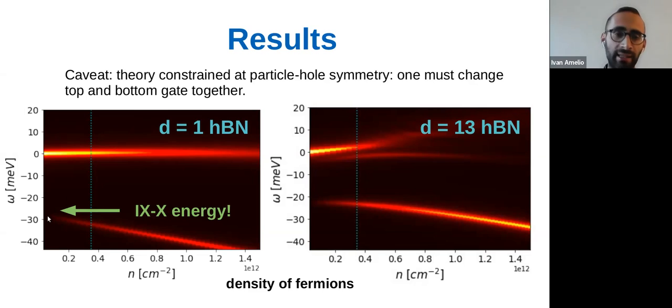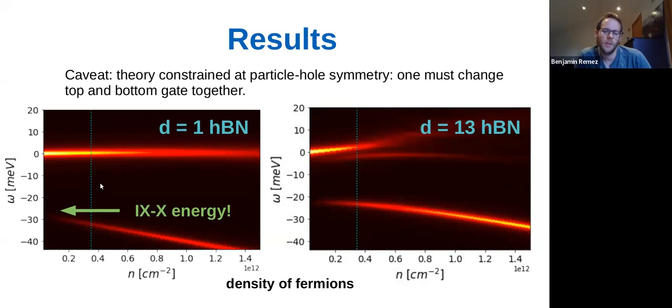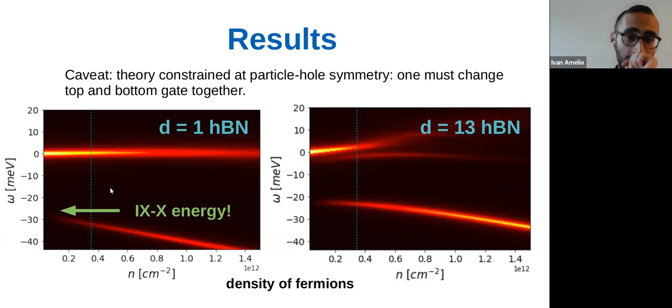And also this binding energy would not be here, but would be more like here, at the energy of the trion.